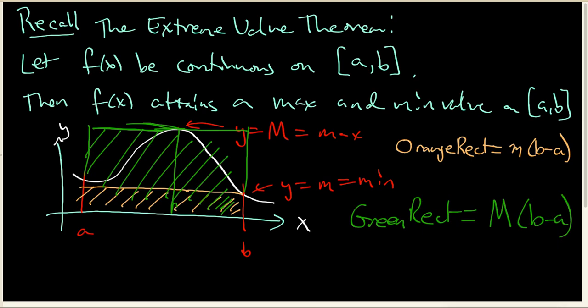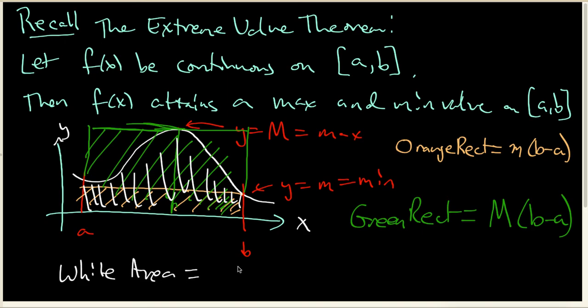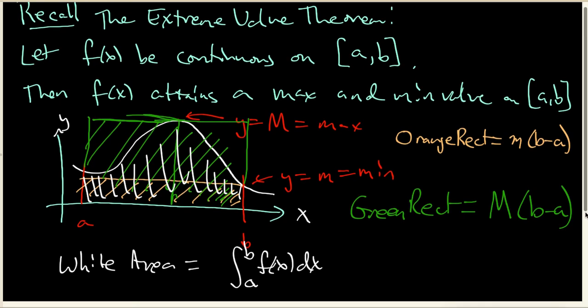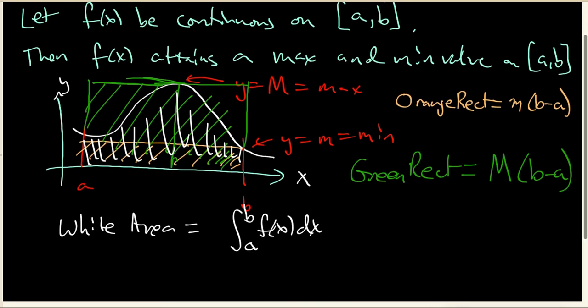Now, I want to also shade in a white area. This white area is, of course, the integral between a and b of f of x dx. And if I look at the picture, it's quite clear that we have an important fact.